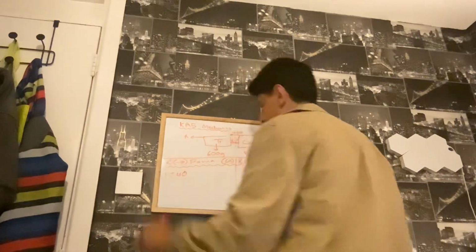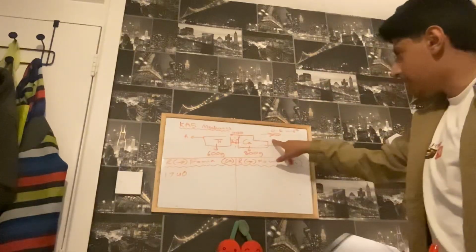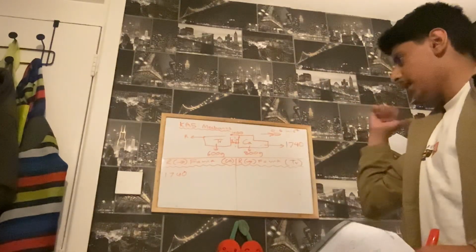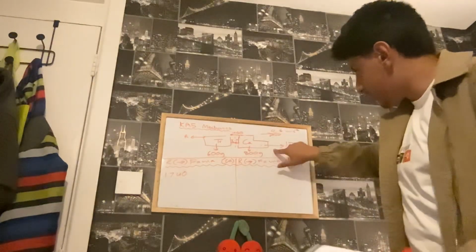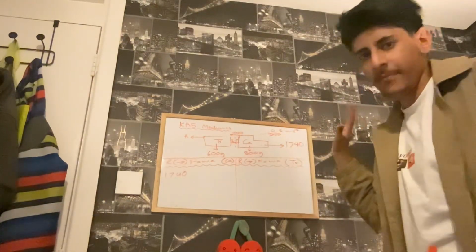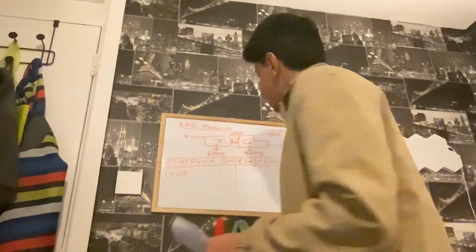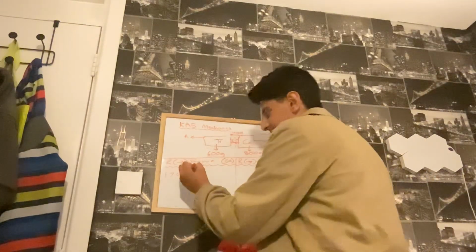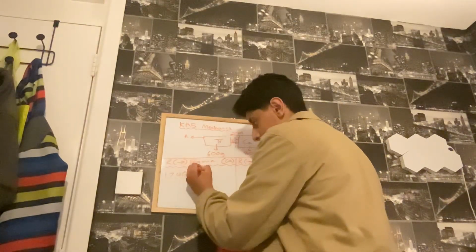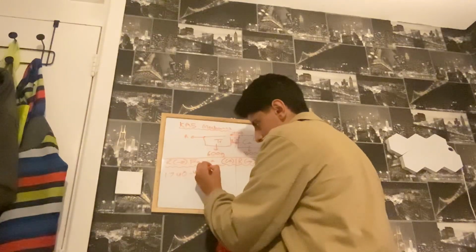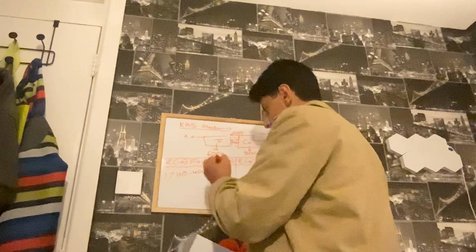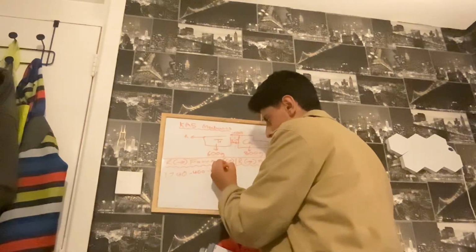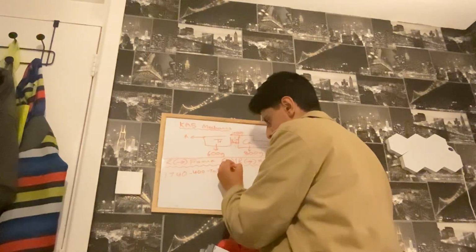If you still don't understand that, you see how this arrow is going that way, that driving force is that way, so this is positive. If that was the other way, and the acceleration was still that way, that would be negative. Hopefully that makes sense. Okay, 1,740 minus 400 minus T is equal to mass times acceleration, so 800 times 0.6.